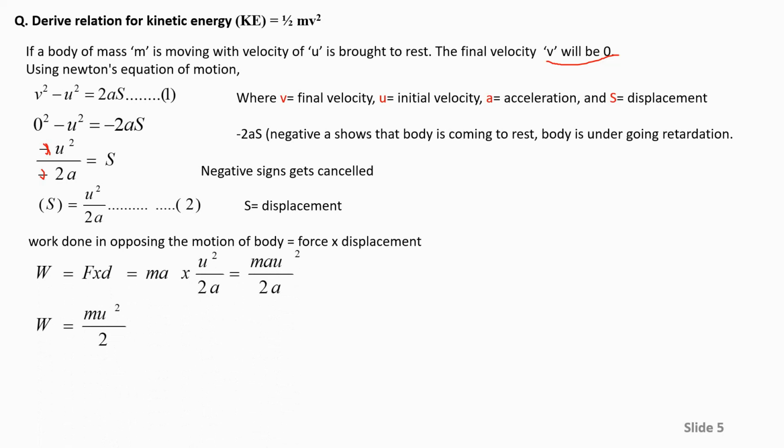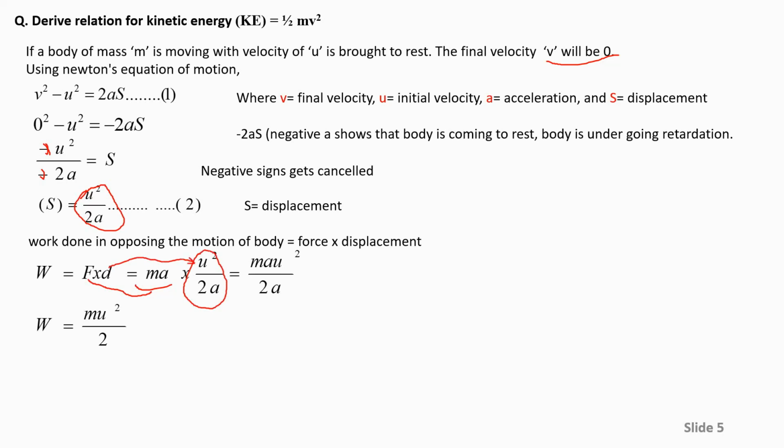Now if we use this F times d, F is equal to ma, and displacement we have already derived here. If you substitute this value of displacement, u square over 2a, ma is F, and u square over 2a is d.